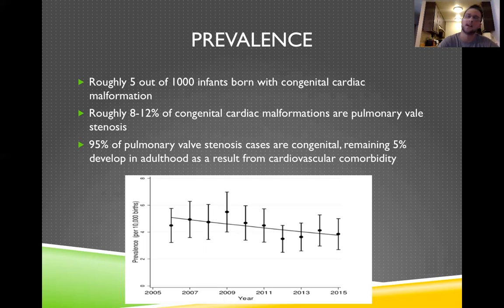Or it could be the case where the valve starts out very mildly stenotic, and as they age, based on lifestyle or whatnot, the valve could become more stenotic to the point where it's now becoming an issue. But generally, you see these cases in infants.